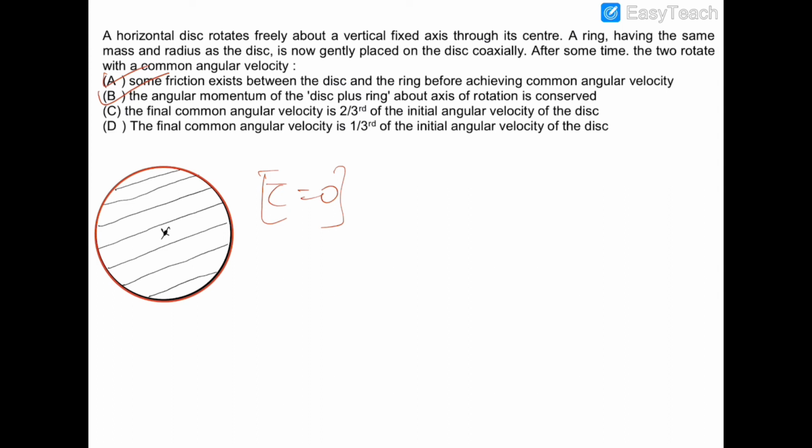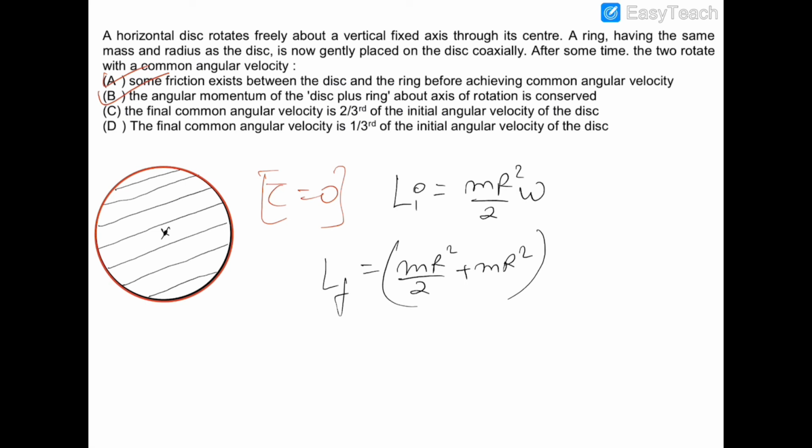So if we write down the initial angular momentum, that is mr square by 2 into omega for the disk, and finally the angular momentum will be mr square by 2 plus mr square, because this is the moment of inertia of the disk and this is the moment of inertia of the ring.